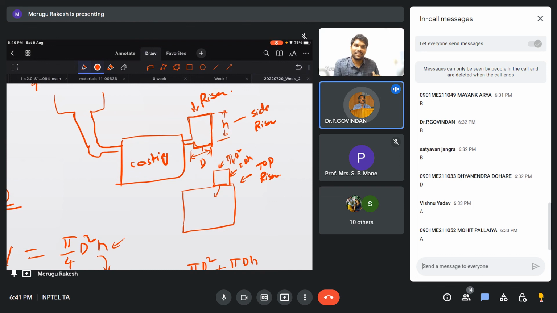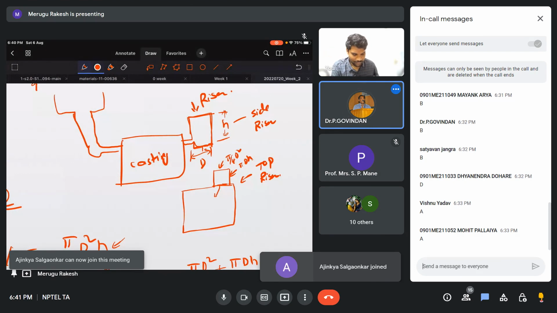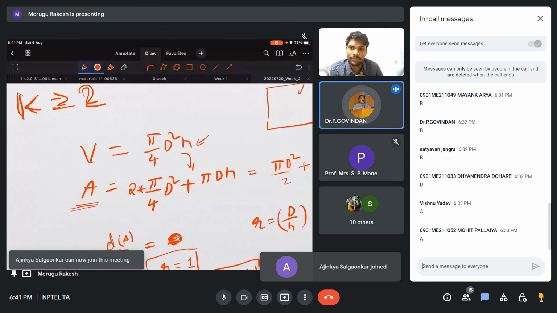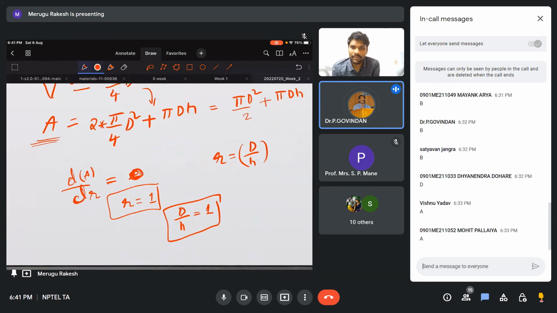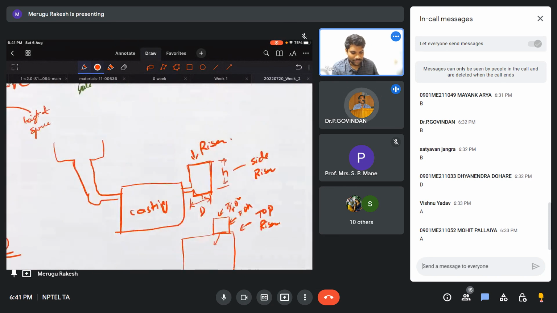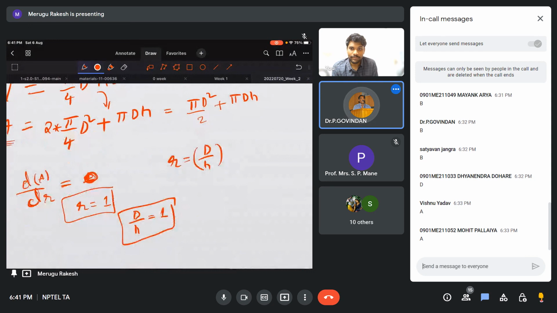One more question I want to know, sir. You told that diameter and height should be the same for a riser. Yes, correct. You are telling this d by h is equal to 1, that is the derivation you gave.